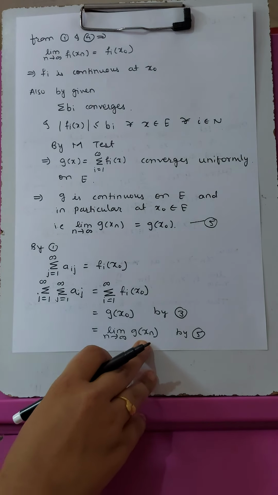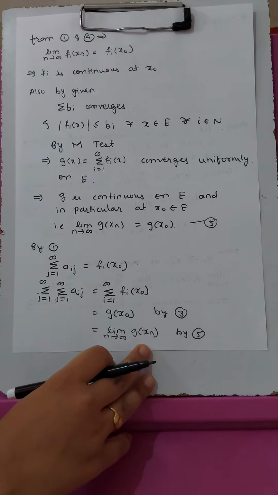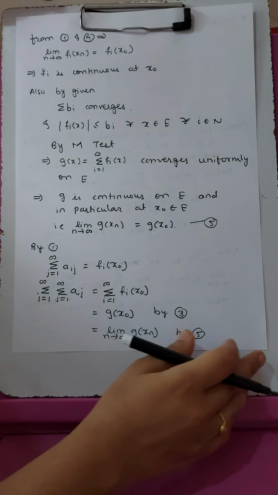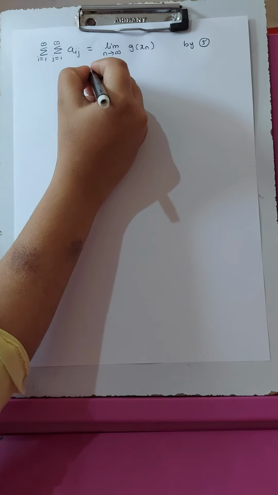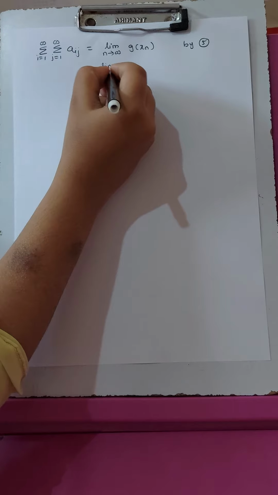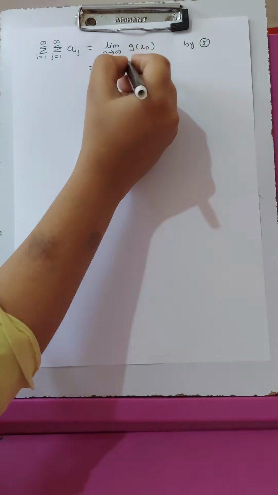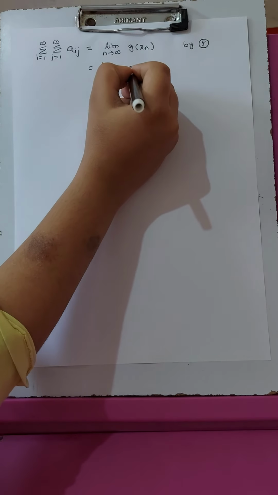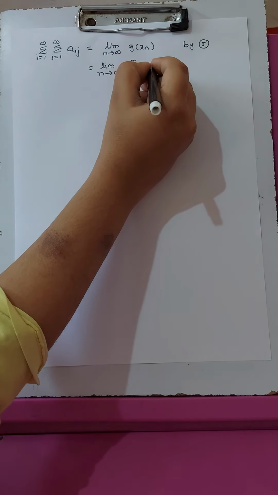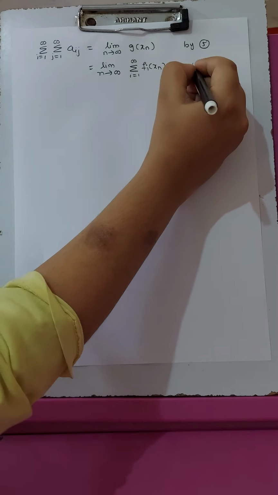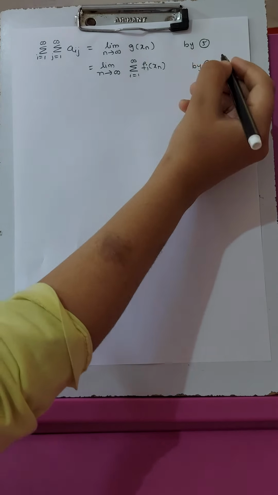Now g of xn will be summation i from 1 to infinity fi of xn. So we have limit n tends to infinity g of xn can be written as summation i from 1 to infinity fi of xn. This is by 3.